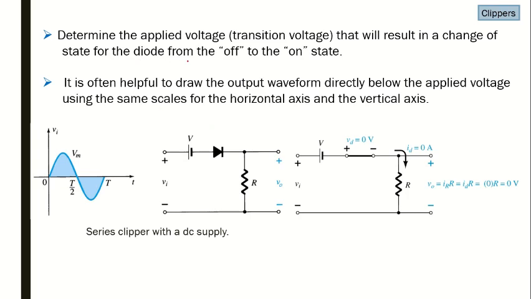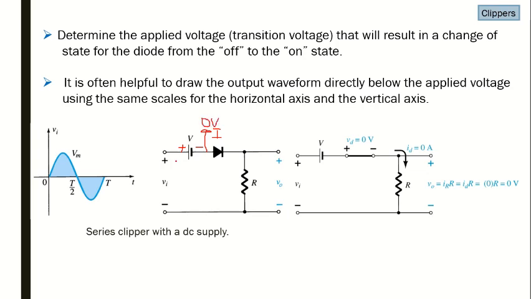Determine the applied voltage that will result in a change of state for the diode from the off state to the on state. So here you can easily observe that for the positive half cycle, where the polarity is positive here and negative here, the diode is an ideal diode, which means we must get at least 0 volts.